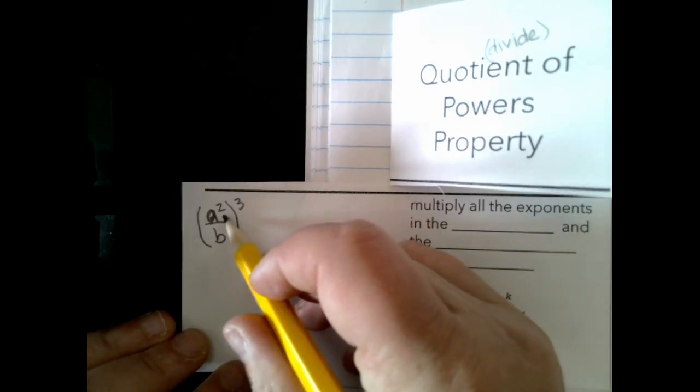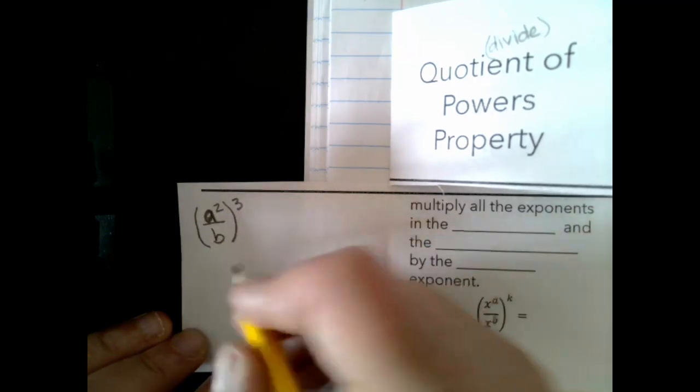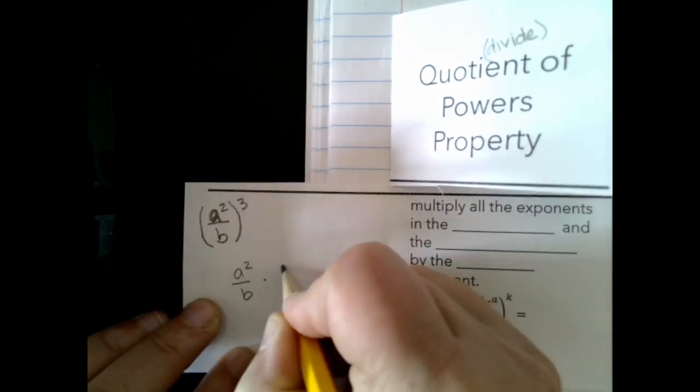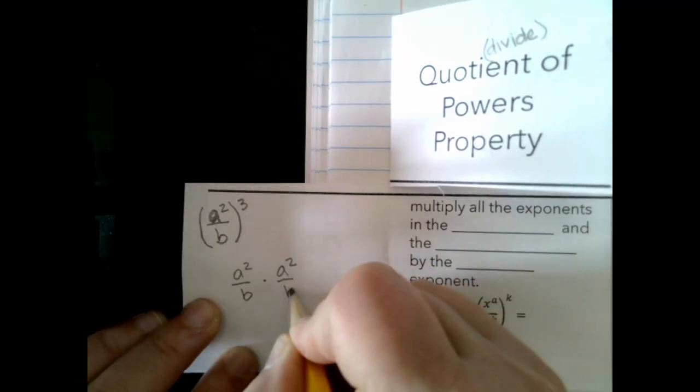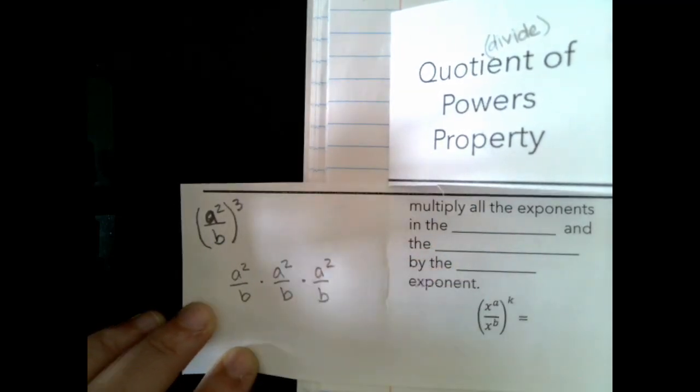You're not taking the a 2 times. But the a squared over b, how many times are we doing that? 3 times. So we would say a squared over b times a squared over b times a squared over b.